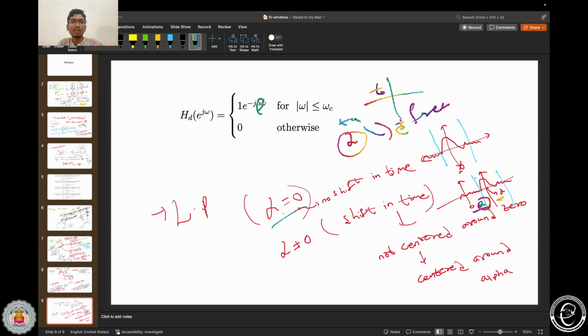If you take alpha equal to 0, in the time domain it is symmetric around 0. If alpha is not 0, then the impulse response will be symmetric around this alpha. And here you need to be careful while extracting. You should center around alpha and extract this part in order to further multiply it with the window.